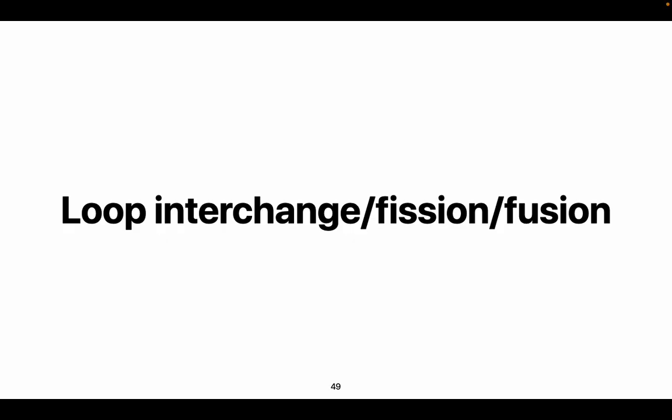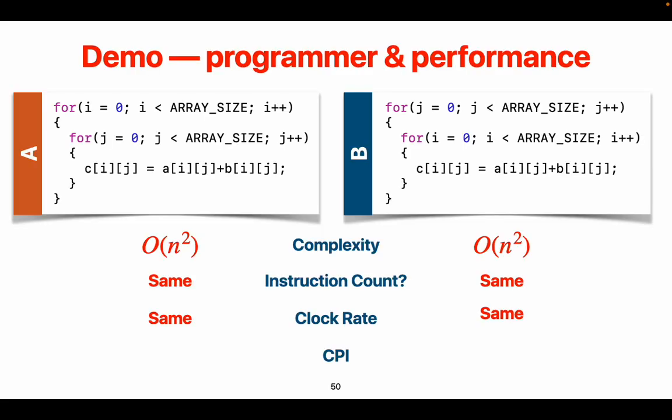Now, the second type of optimization that we want to talk about is how we can structure our loop in a better way. In fact, it's hard to imagine that you don't have a loop in your code. And one of the most significant examples that we have been seeing is this.